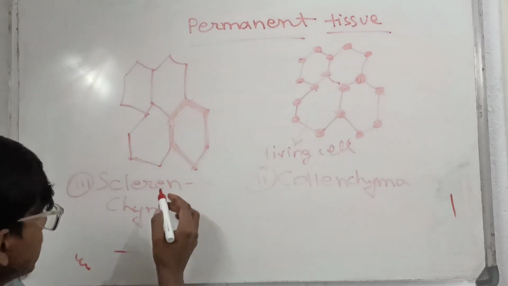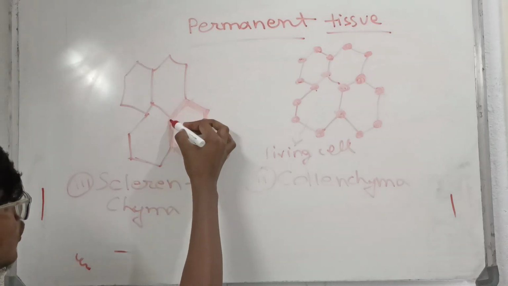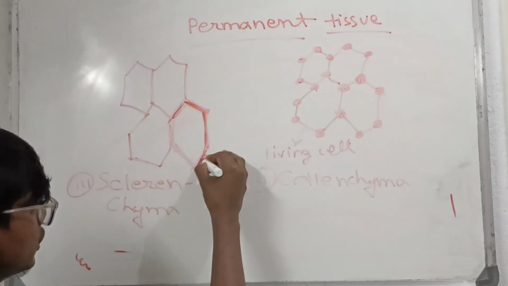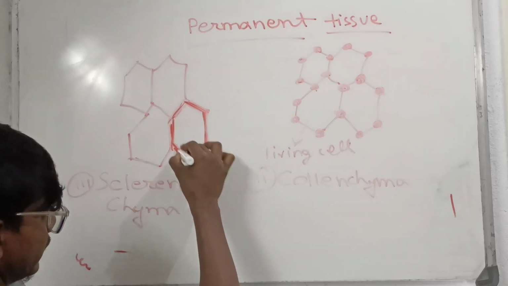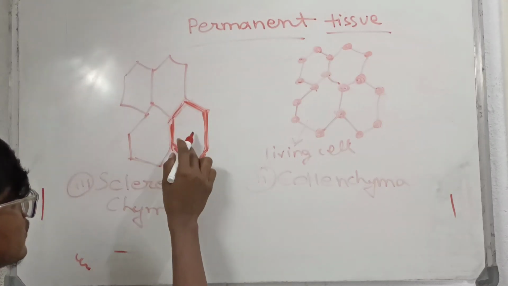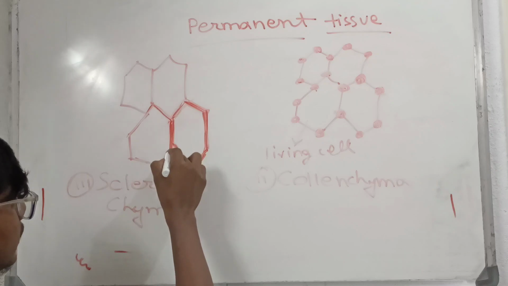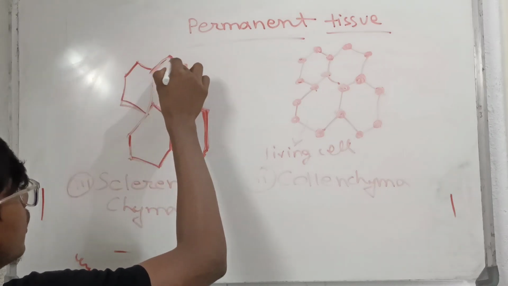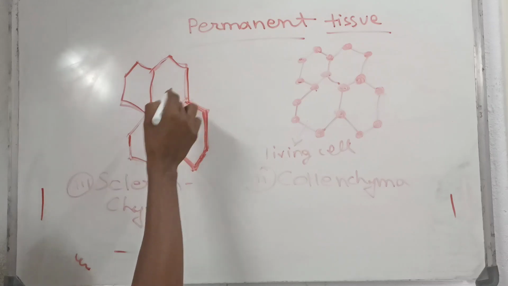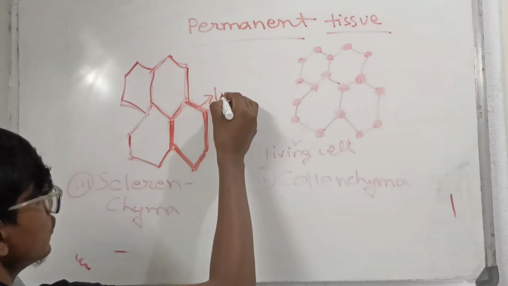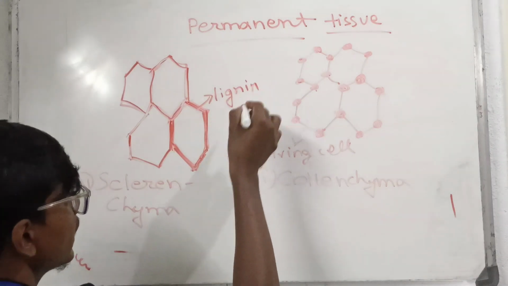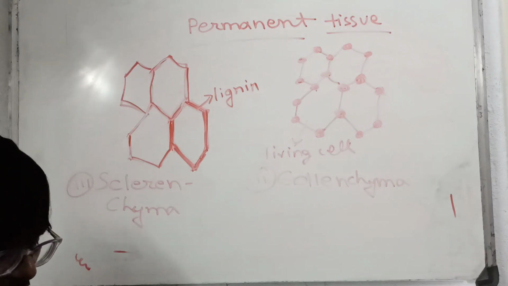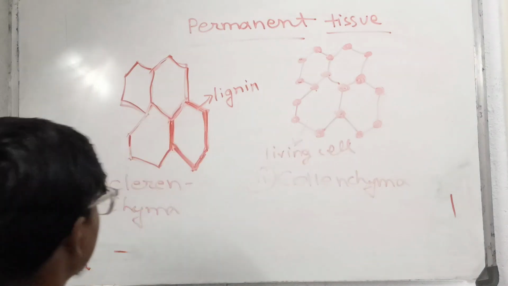So the cells of this sclerenchyma, just one diagram or one cell I am showing you, will be thick all over the corner, like this only. All the cells will be thick at the corner. This is due to the lignin. In sclerenchyma lignin is present. So these are the three types of the permanent tissue that you have seen.